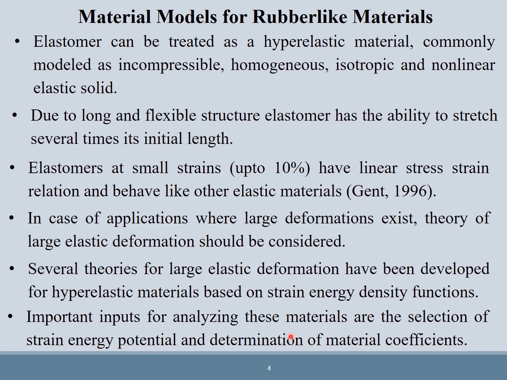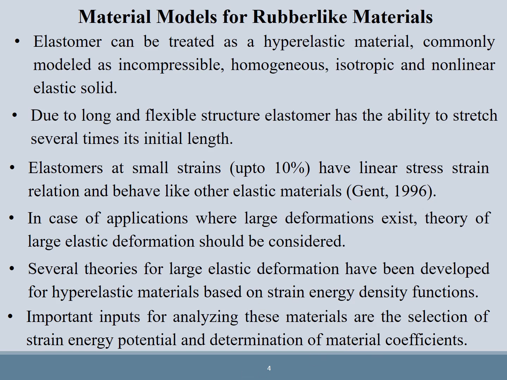First, how to develop the strain energy potential, because in rubbers, based on cross-linking, the behavior is totally different, so we have different strain energy potentials for that. The second challenge is the determination of material coefficients. Generally we need some coefficients in material models, which are based on the material properties, but sometimes it's very tough to determine them.